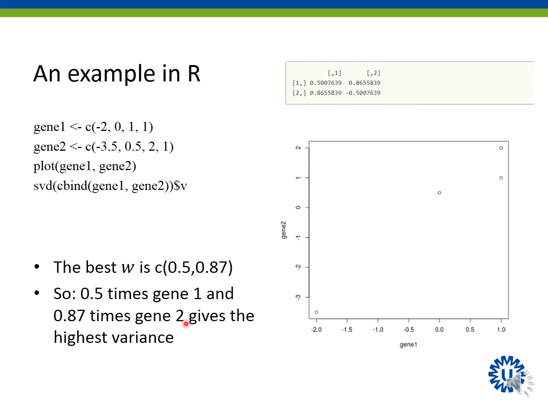So why does gene 2 get a higher weight than gene 1? Well, if you look at the variance of the individual genes, we can see that gene 1 is, let's say, between -2 and 1, and gene 2 is, let's say, between -3.5 and 2. So gene 2 has a higher variance, and therefore gets a higher weight in the PCA decomposition.